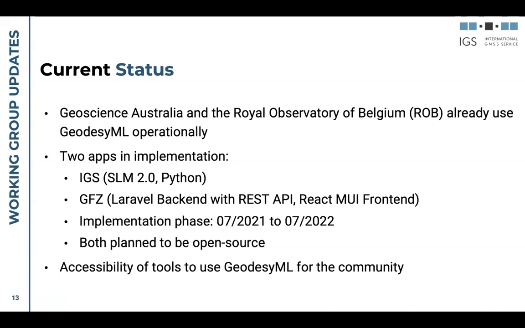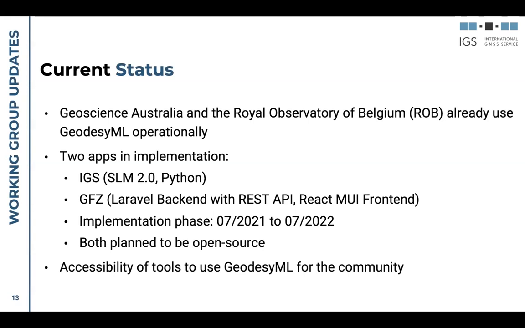So you saw the update from the SLM 2.0, which is written in Python. And GFZ also develops a new system that will replace the Zemisys system, which will be written in Laravel, which is a PHP framework with a REST API and with a React Material UI frontend.